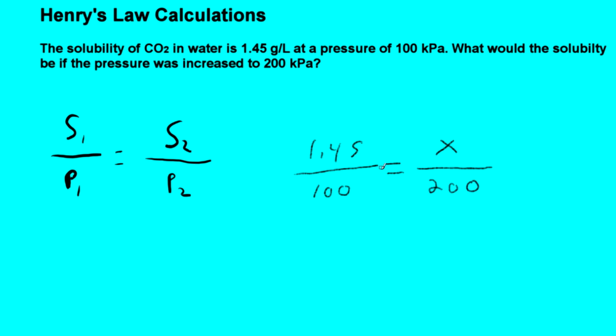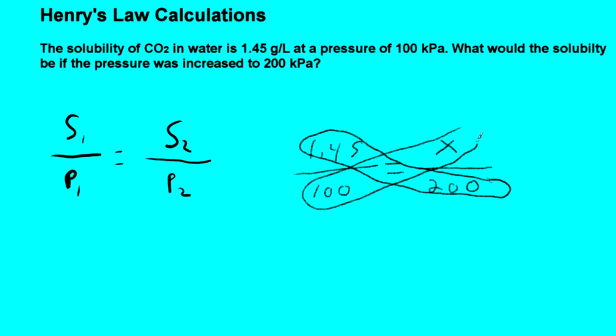All right, so notice this is an equal sign. This means it's crisscross math. This is different from multiplication. If this was times, we would multiply across. But this is equal, so this is where we crisscross.